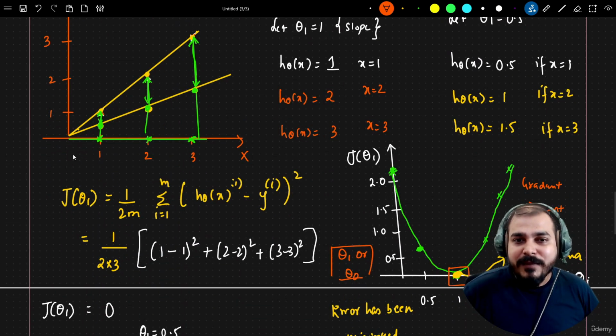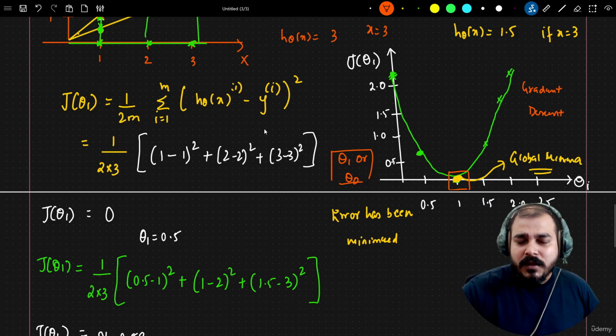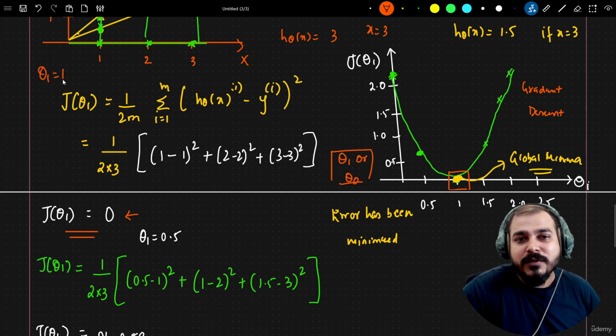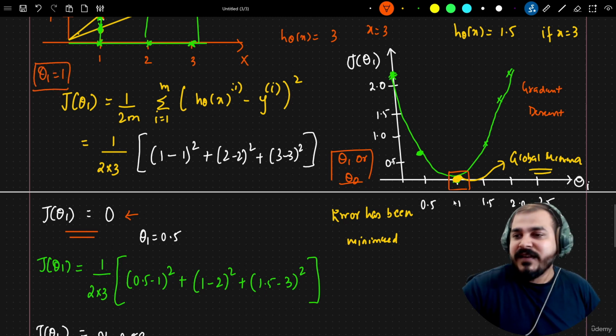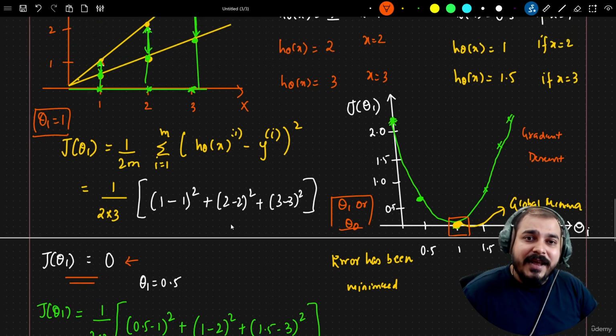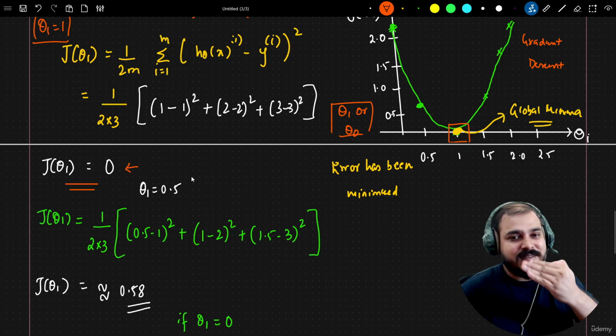So here you could see that when my theta 1 was 1, at this specific instance, I was getting my cost function as 0. And this was the point where I got my best fit line. Okay.